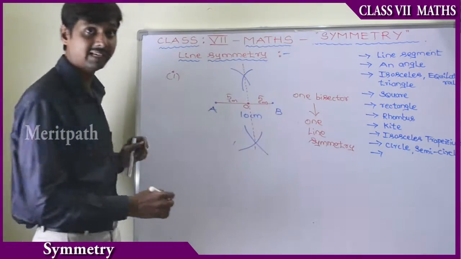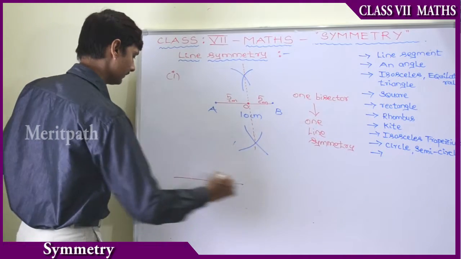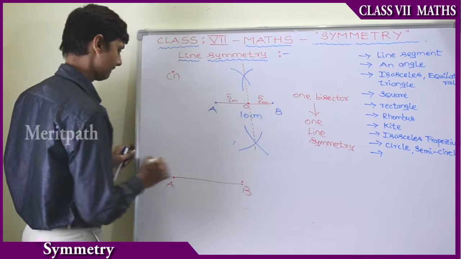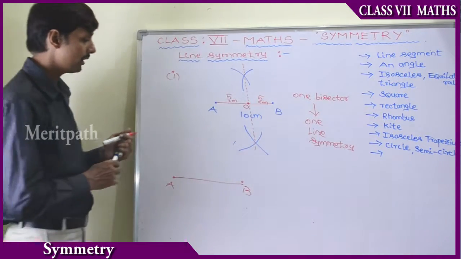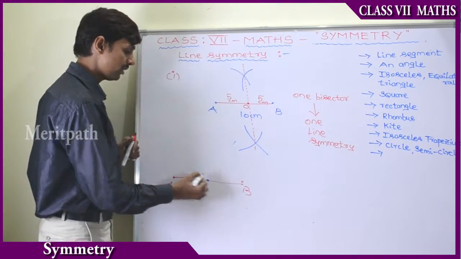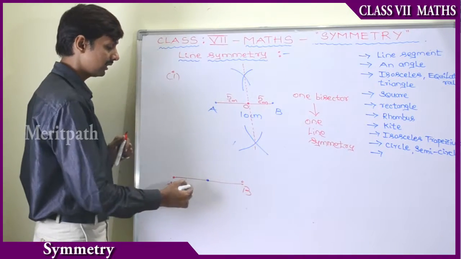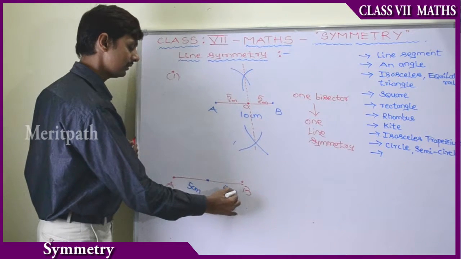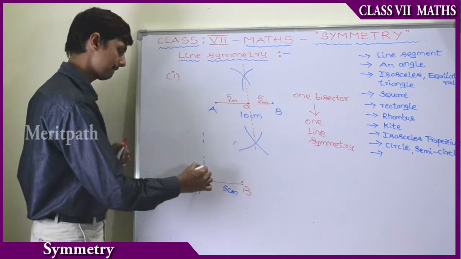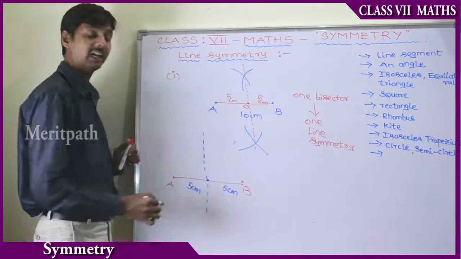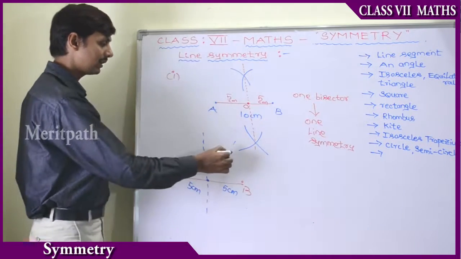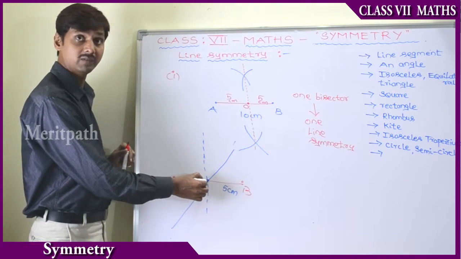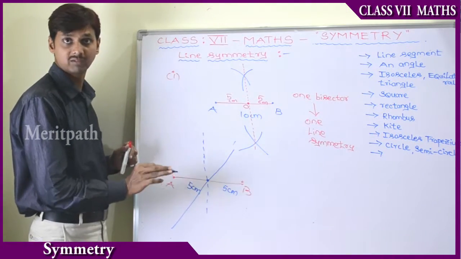For example, we take a line segment of 10 centimeters, and we take a point in between the line segment, at 5 centimeters. Along with this point we draw another line, and this line also divides the line segment into two equal parts.